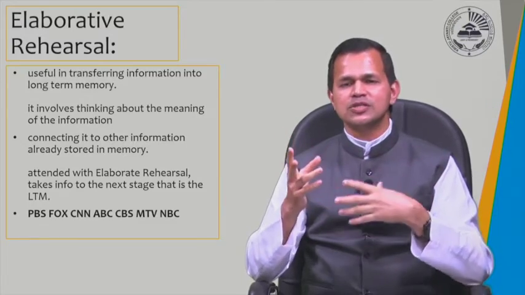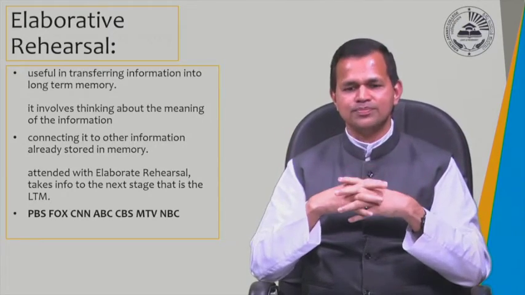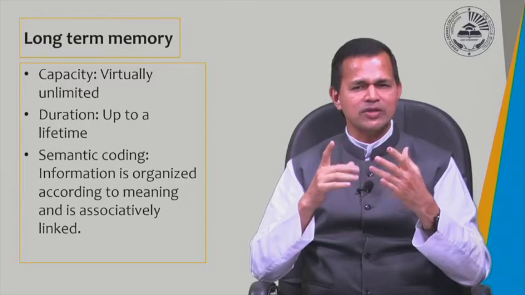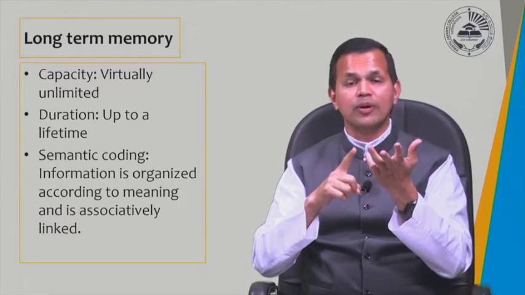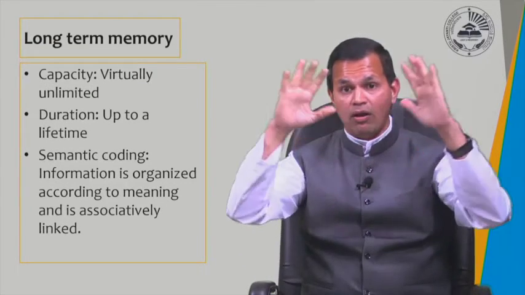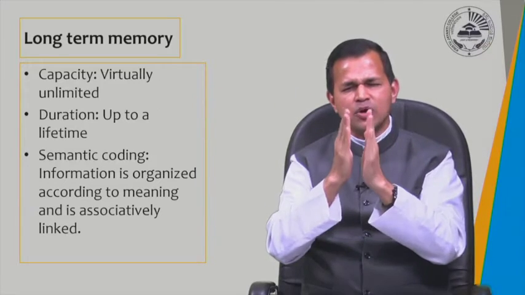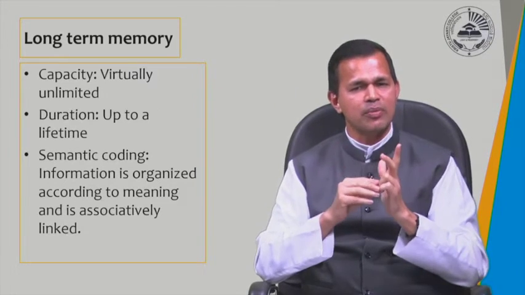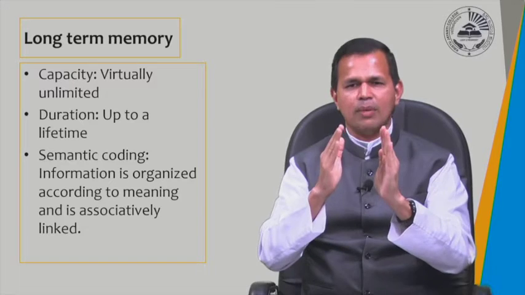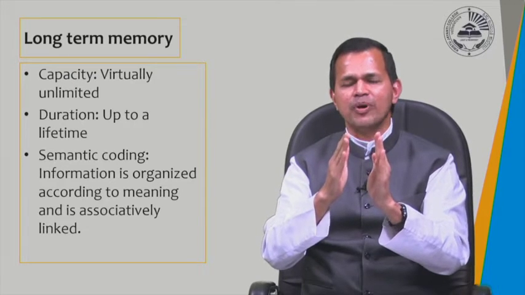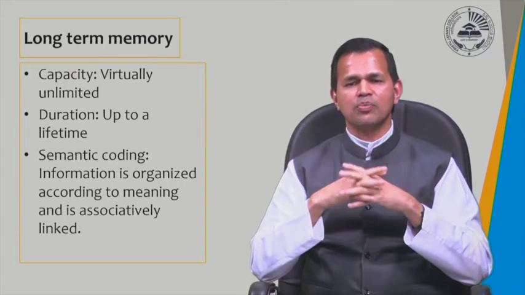So now let us look at long-term memory. We have come from sensory memory, which holds a lot of information for a very short period of time. Then the second is short-term memory, with a comparatively smaller capacity of information for a shorter period of time.